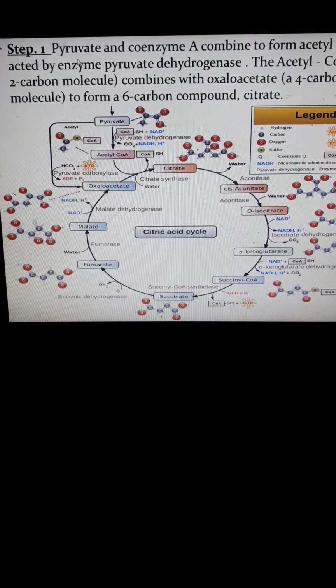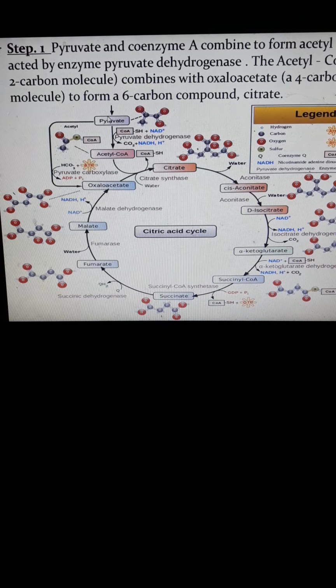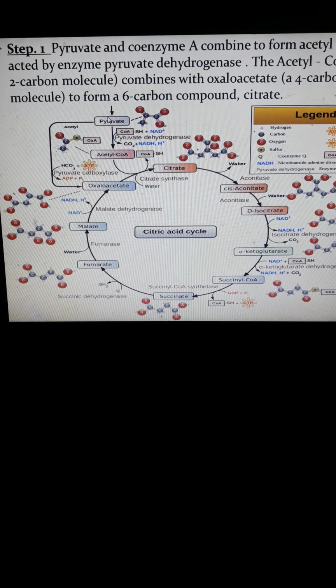Okay, so step 1, pyruvate and coenzyme A. We have here the pyruvate, which is the product of the glycolysis process. Remember, it combines with coenzyme A to form acetyl coenzyme A by the enzyme pyruvate dehydrogenase. The acetyl coenzyme A, a 2 carbon compound, combines with oxaloacetate, which is also the product of gluconeogenesis.